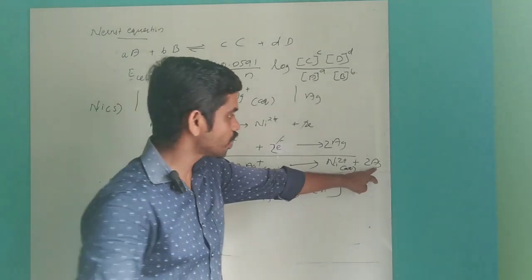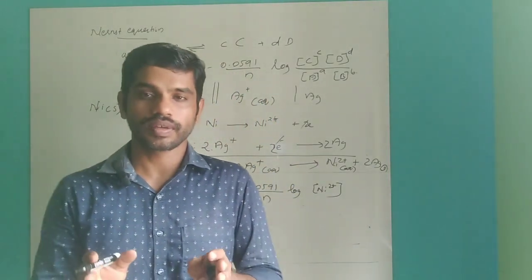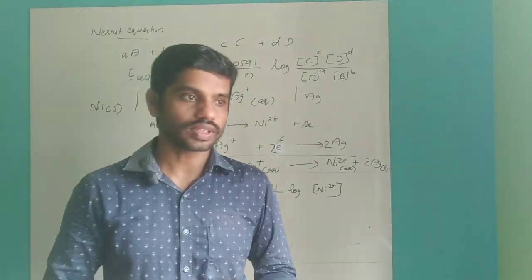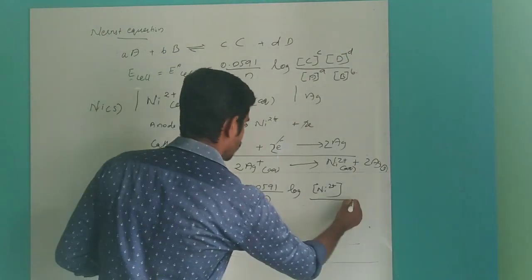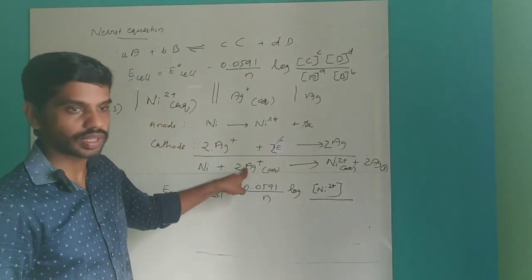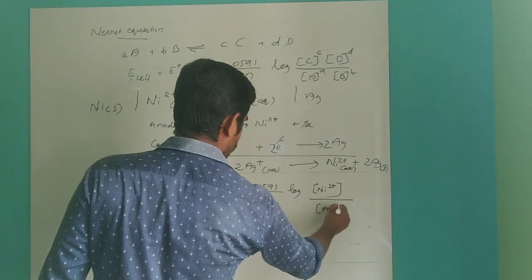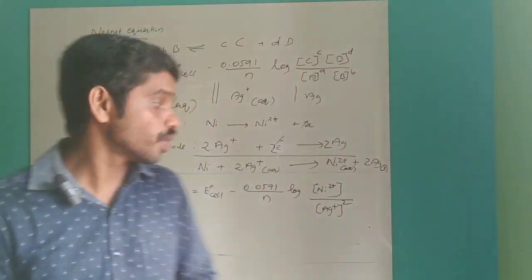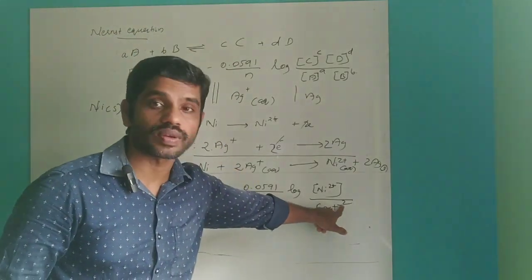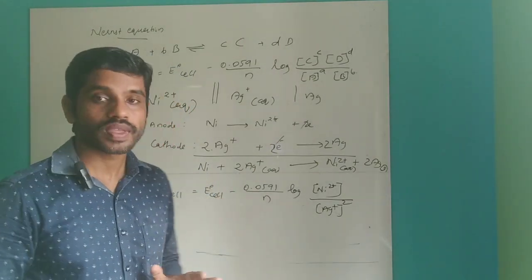No need of writing the solid, because we studied that the concentration of a solid is unity. Divided by, here what will come? Ag plus, the whole square. Don't forget to write the square here, otherwise the value will be wrong. So this is the right one.